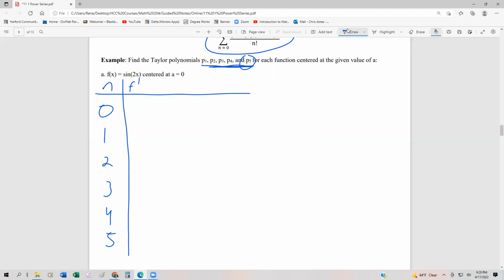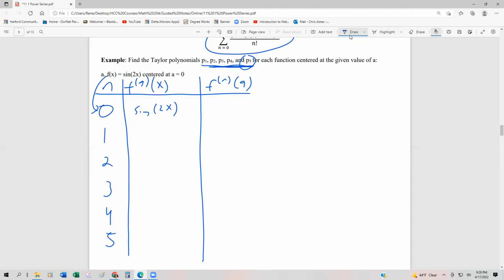Then I'm going to find f^(n) of x, the nth derivative, and then f^(n) at a. The 0th derivative is always just the original function, so that's going to be sine of 2x.